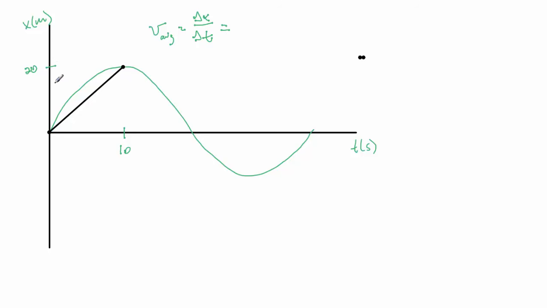So my change in position here is 20 meters over 10 seconds. So my average velocity would be 2 meters per second.